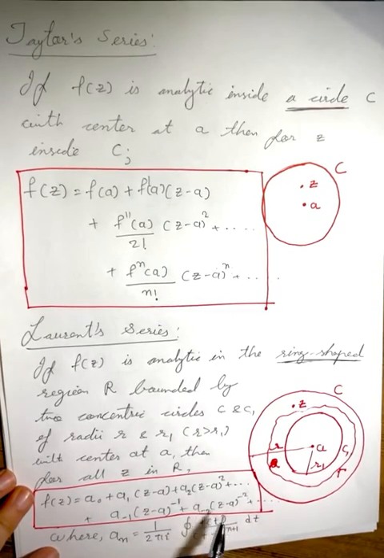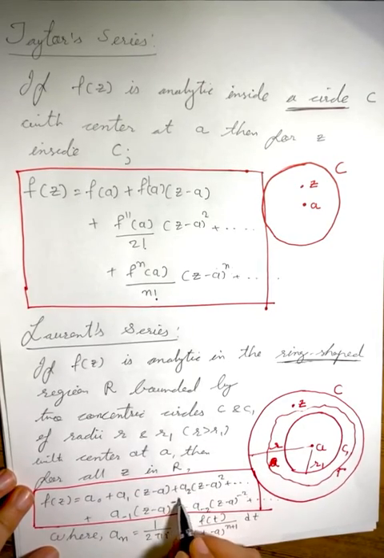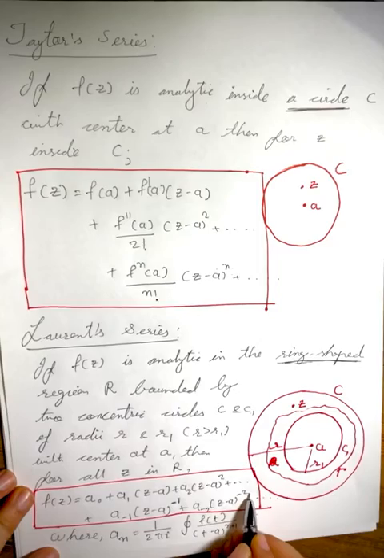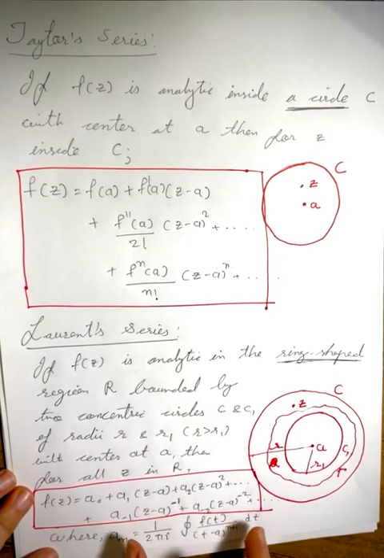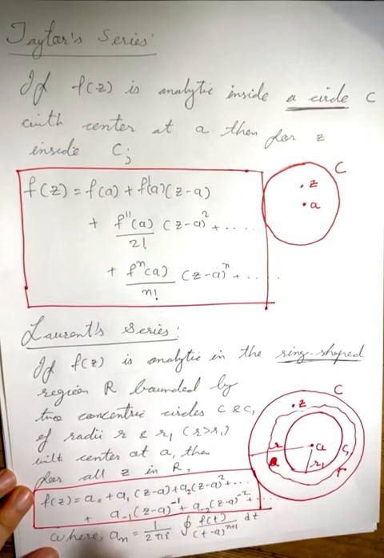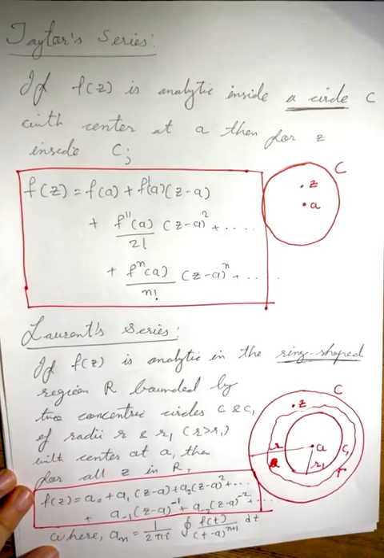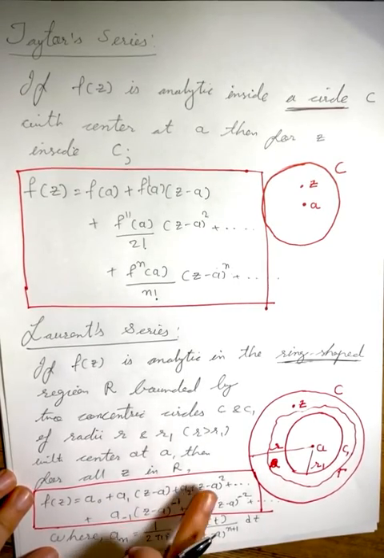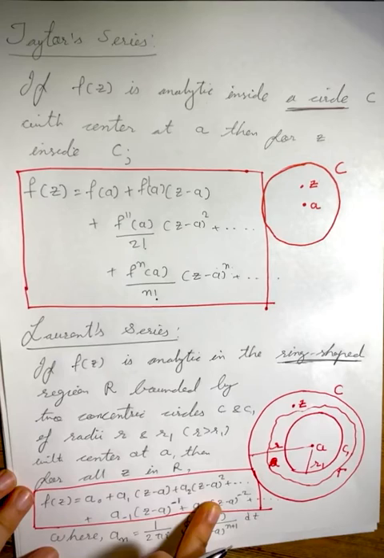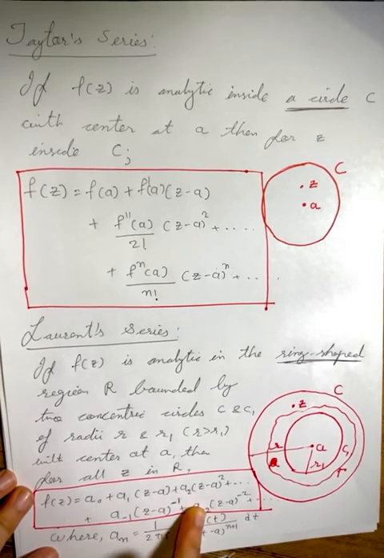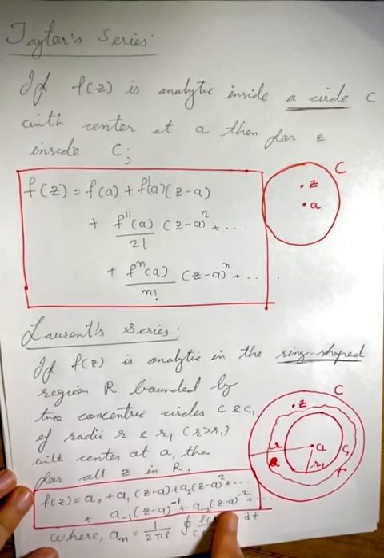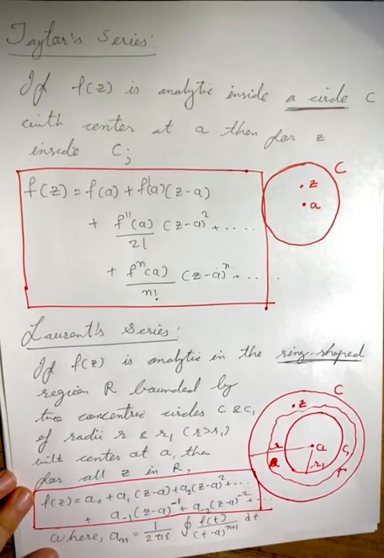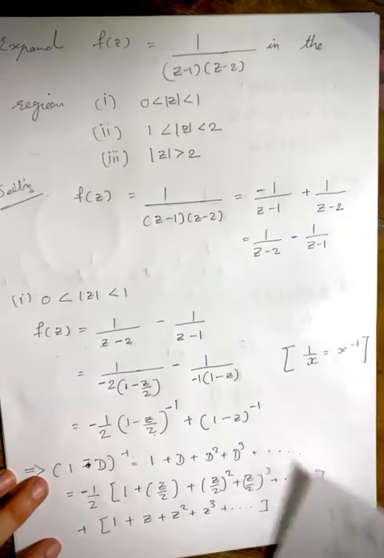Or even if you have a series containing only negative powers, then also you can say that you have found a Laurent series. So in Laurent series you can have positive and negative power strings both together, or else a string of only negative powers. Both of them are Laurent series.